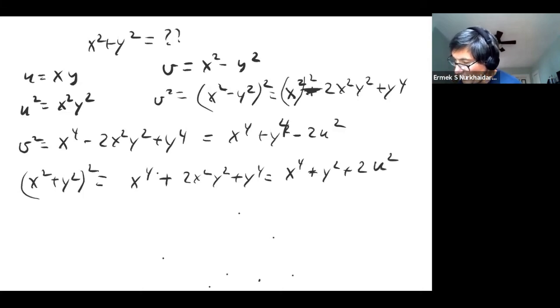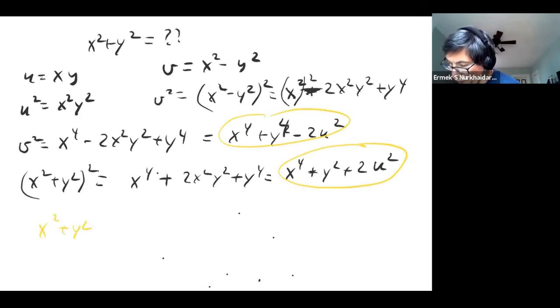Now if we look at this one and that one, then we notice that x squared plus y squared, squared, is that top equation, x to the fourth plus y to the fourth minus 2u squared.